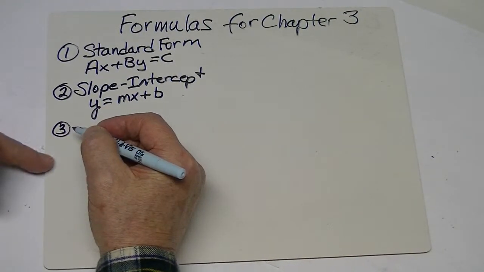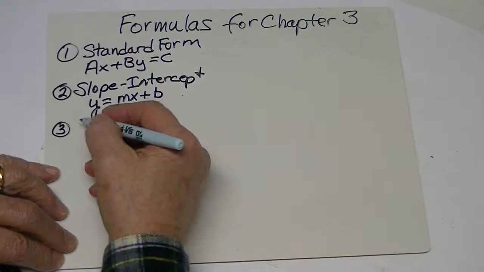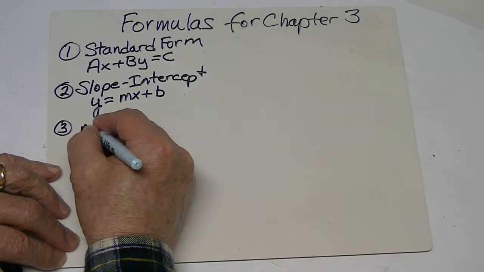Now, we often use these numbers as reference. So Formula 1, Formula 2, Formula 3 is the slope formula.